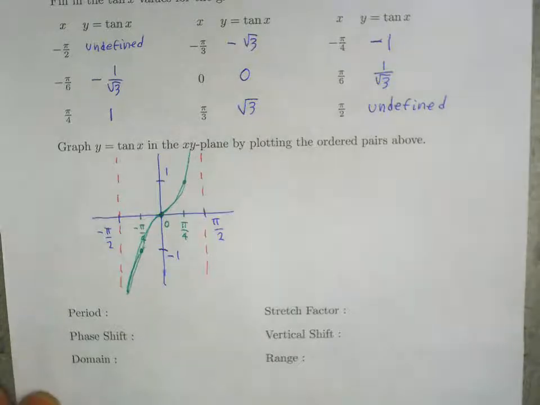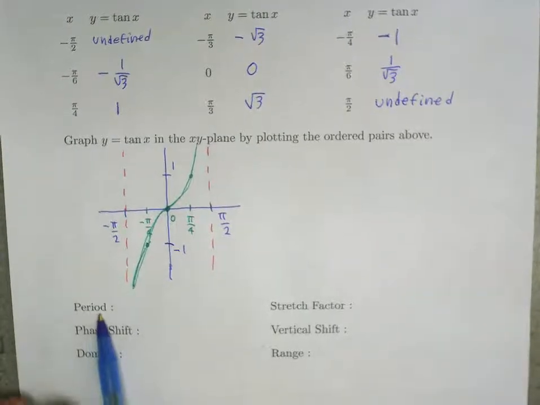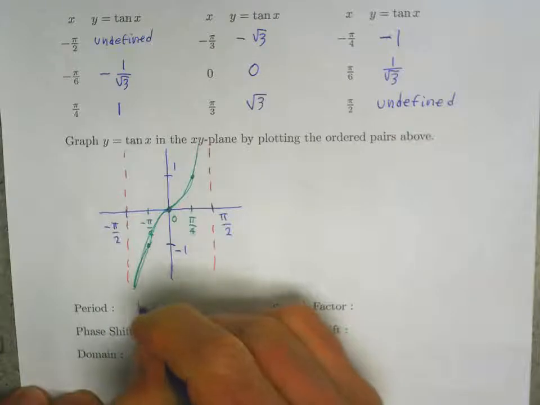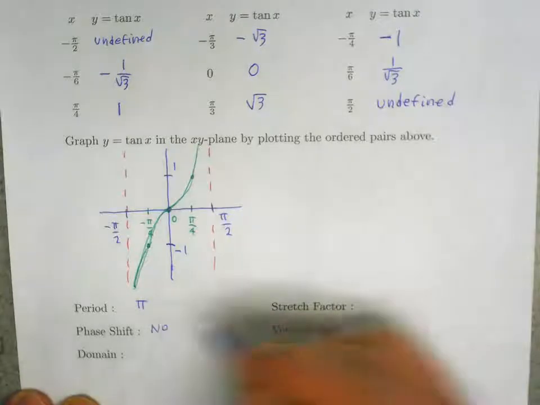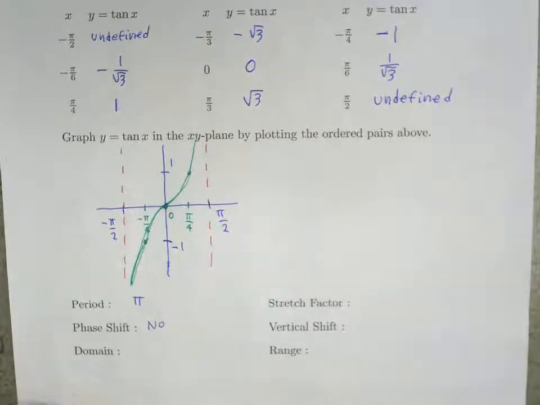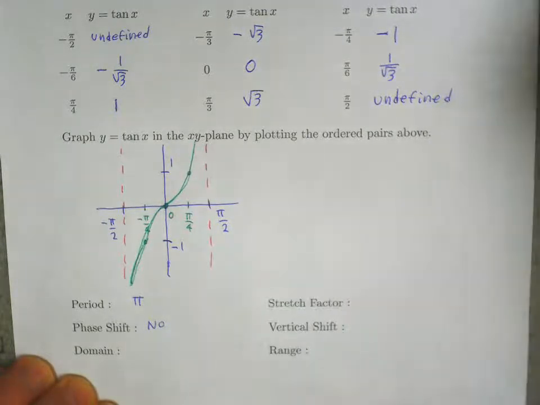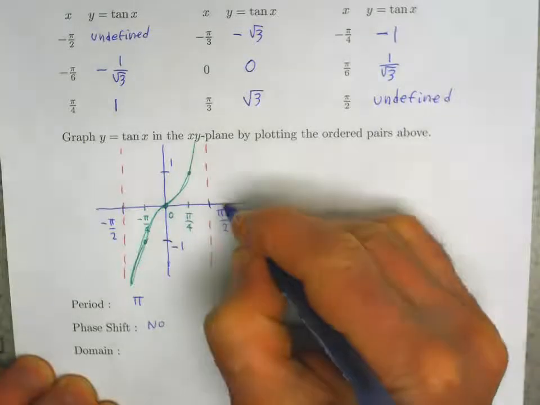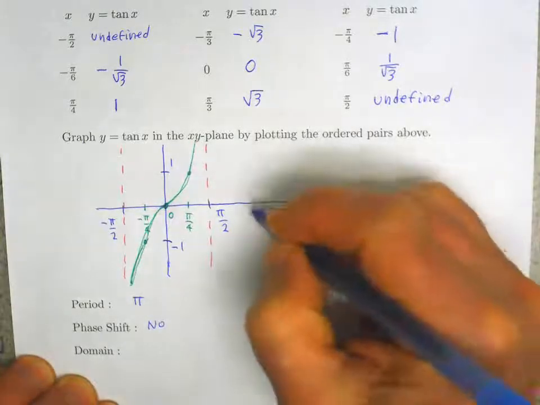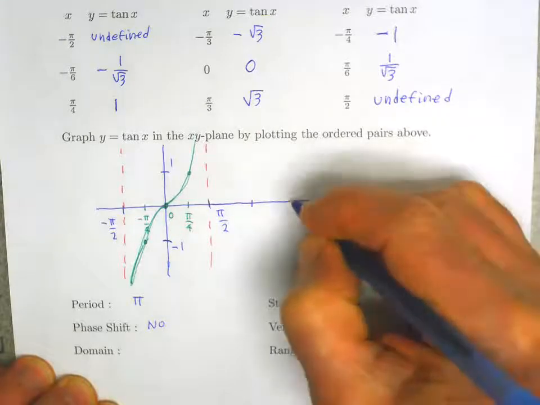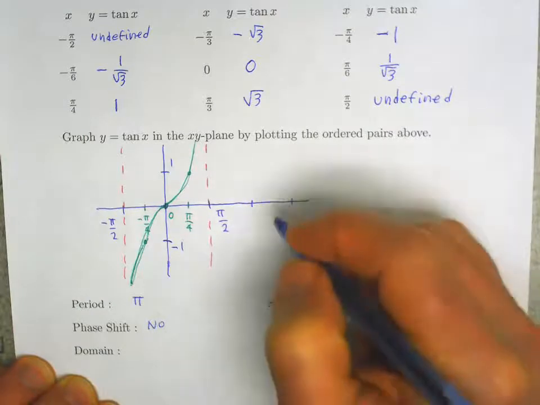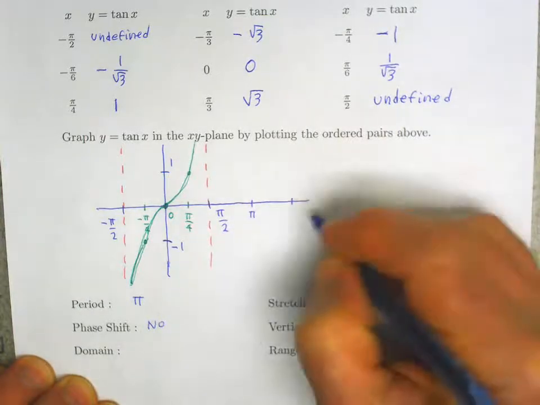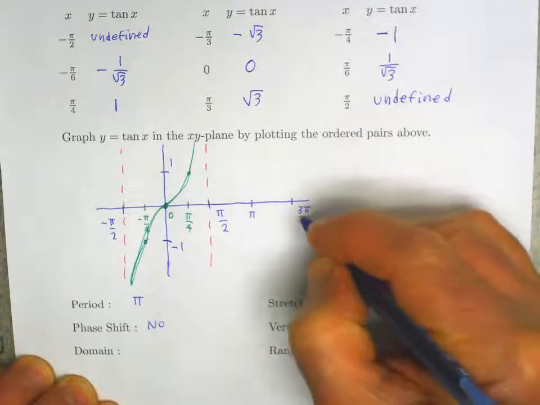Okay, let's fill in this other information. The period of y equals tangent of x is pi. We didn't have a phase shift on this one. This is just one period of the y equals tangent of x function. If we graphed another one, we would just go from π/2 to pi to 3π/2.